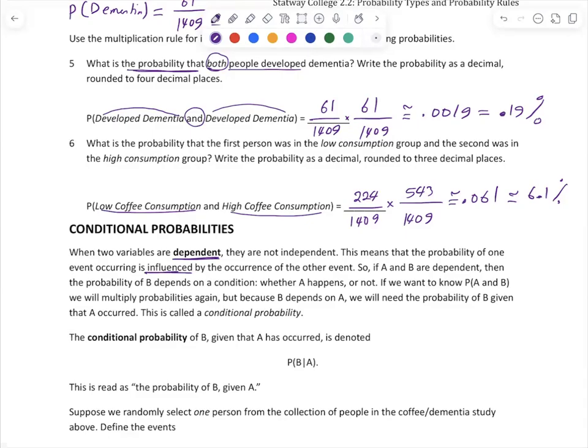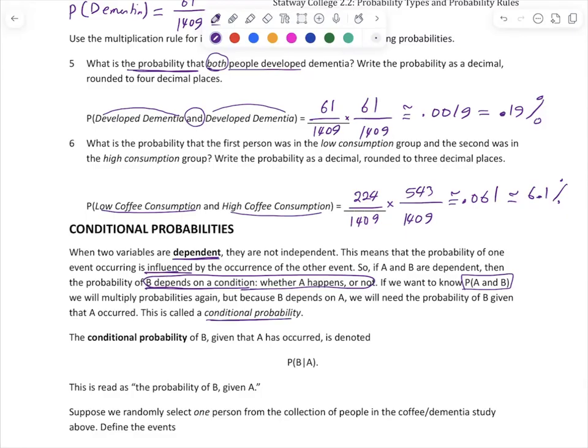So if A and B are dependent, then the probability of event B depends on a condition, whether A happens or not. If we want to know what is the probability of A and B, we multiply the probabilities again, but because B depends on A, we need the probability of B given that A happened. This is called the conditional probability.